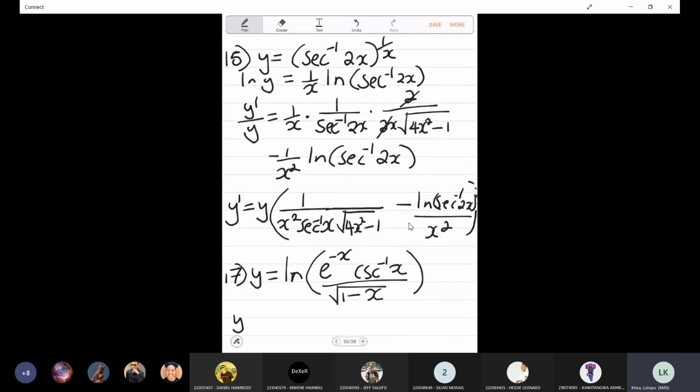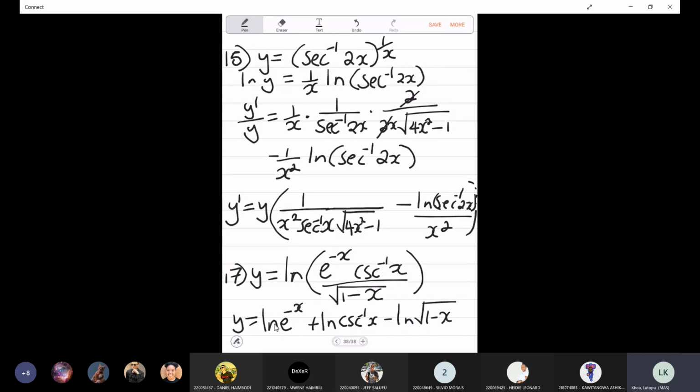So we can say that y is equal to ln of e to the power of minus x plus ln of cosec inverse of x minus ln of the square root of 1 minus x.